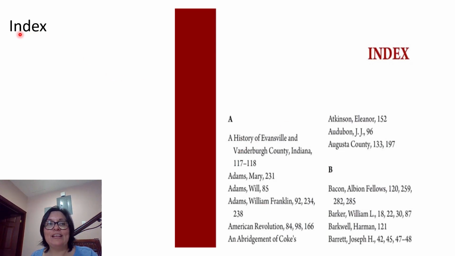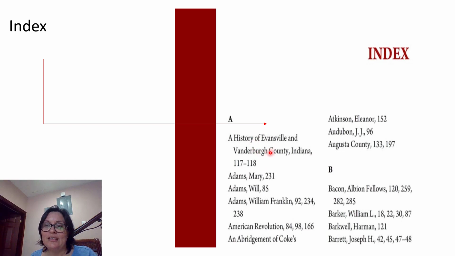Also, we have the index. An index is very much like a table of contents, but in here what you are going to find is specific information that you can find in the book. For example, the index of this book talks about the history of Evansville and Vanderburgh County, Indiana.